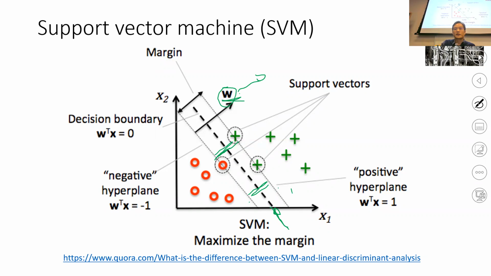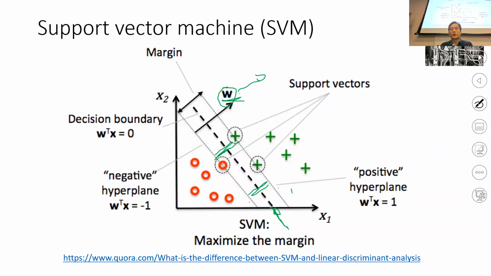Let's see, we first need to prepare a couple of concepts. How can we set up this optimization problem? Because you have so many different ways to set up this boundary, this intercept, this slope of this straight line.